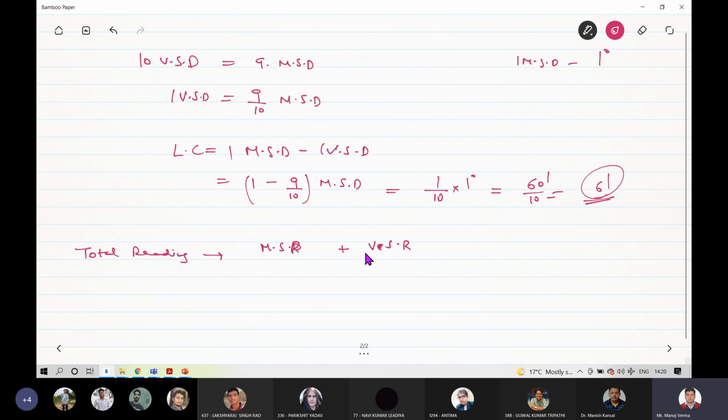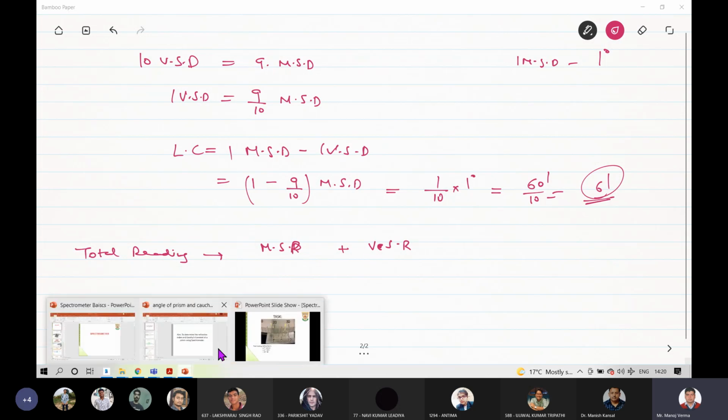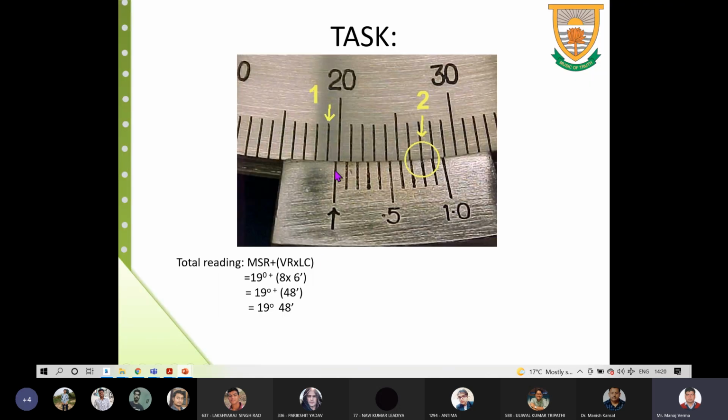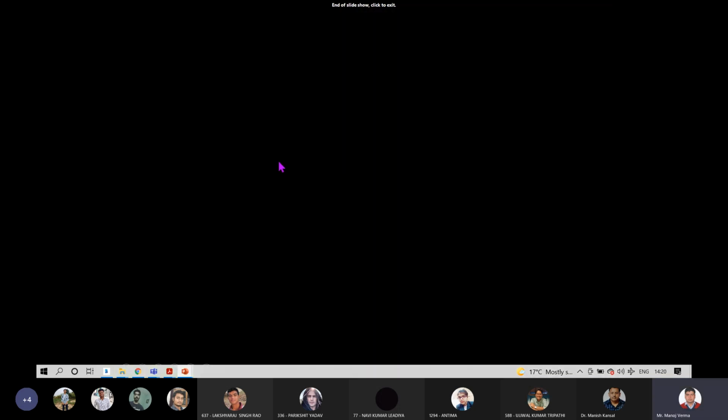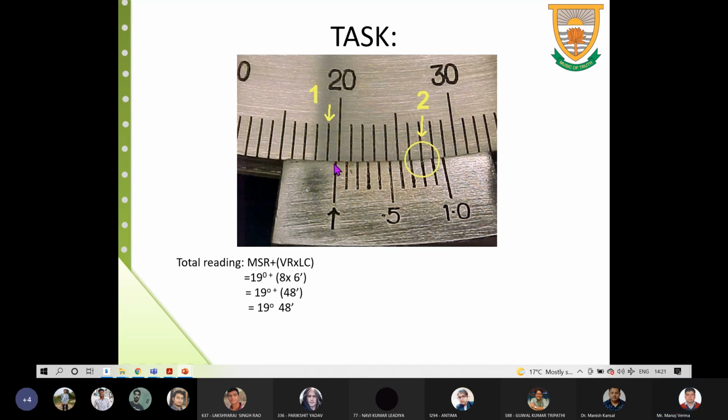To take the observations, you have to see just the main scale reading just before the zero of the vernier scale division.